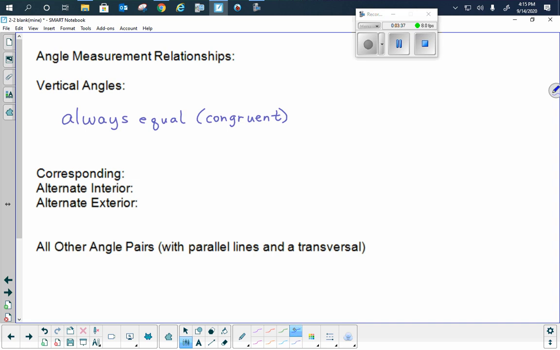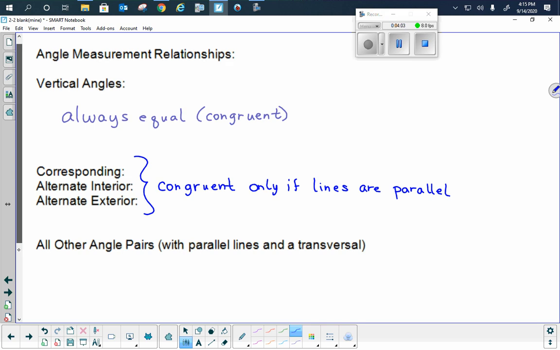Versus corresponding, alternate interior and alternate exterior angles are congruent only if the lines are parallel. Like on our front page, those were lines A and B that were parallel.